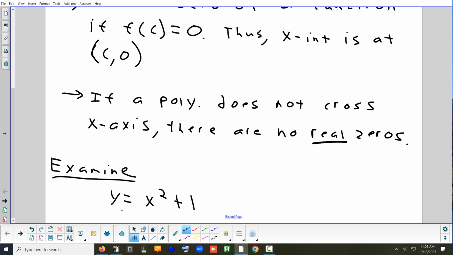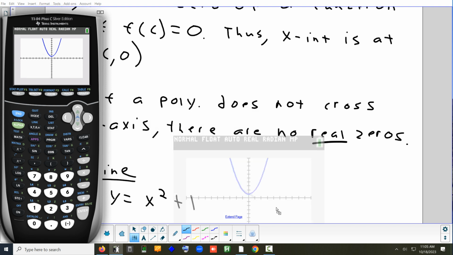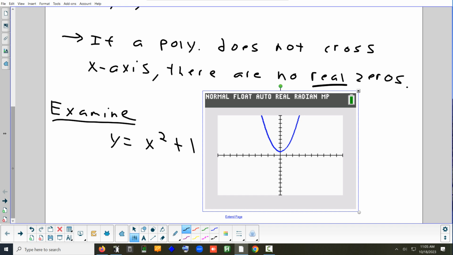That's going to shift it up 1 because it's on the end. So zoom 6. If you look at that graph, does it ever cross the x-axis? No. Doesn't mean we can't set it equal to 0 and solve it. It just means if we did, we'd get imaginary answers.